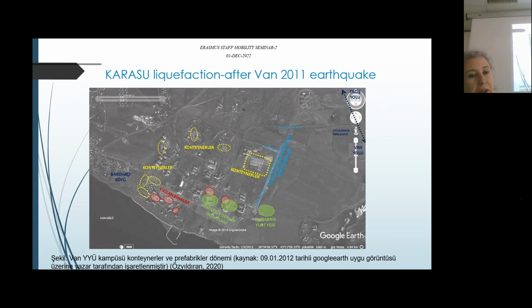In our campus area, again, we have some damaged buildings, even destroyed buildings, especially closer to the lake, because the campus is very close to the lake, and we saw lots of problems that occurred in the region.